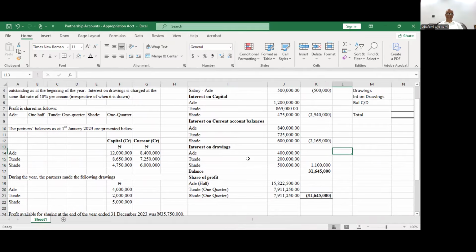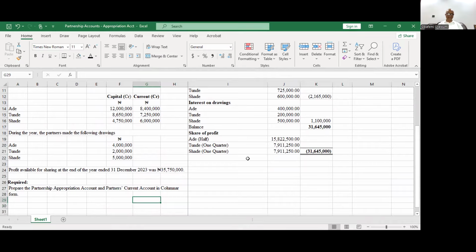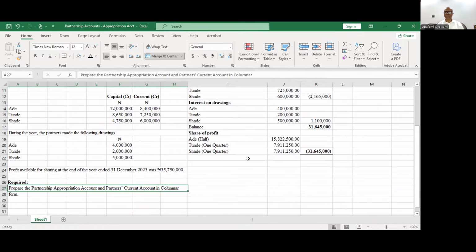So let's go to the second aspect of the question. It says that we must also prepare the partners' current account. Remember in the last video, I said that there are two structures when it comes to capital accounts. The first one is the fixed capital account, and then the fluctuating capital account.